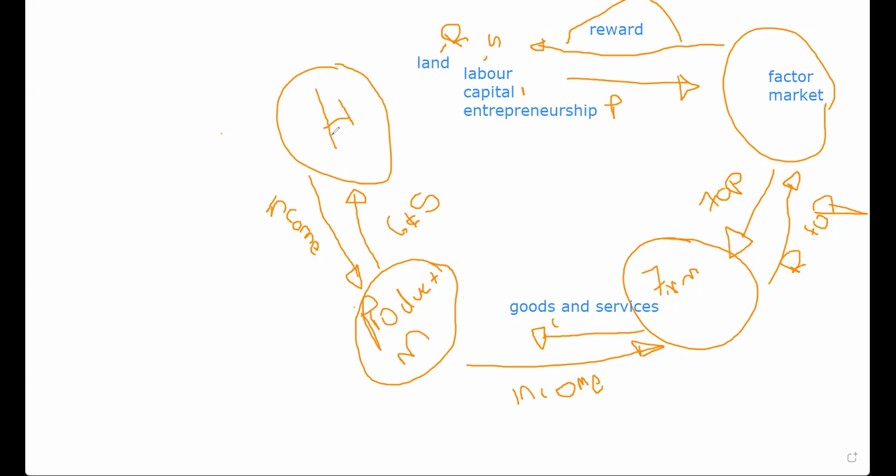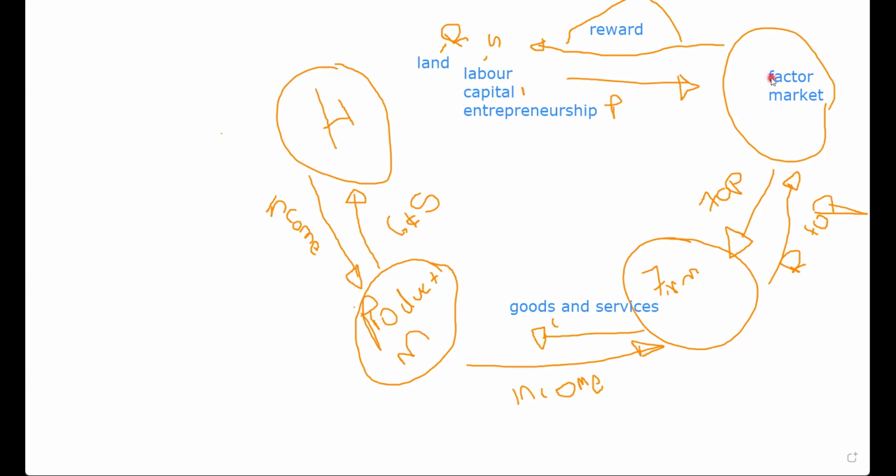The households are the owners of the factors of production. And then households, as they are the owners of the factors of production, will provide their factors of production, which is land, labor, capital, and entrepreneurship. They will take their factors of production and provide them to the factor market. The factor market is just there to act as a middleman between the households and the firm, because the factor market only collects the factors of production from the households.